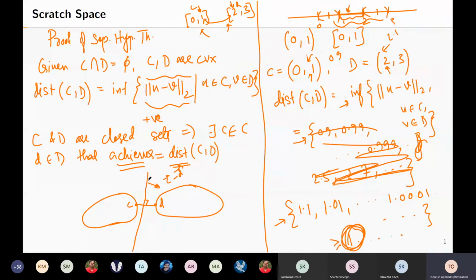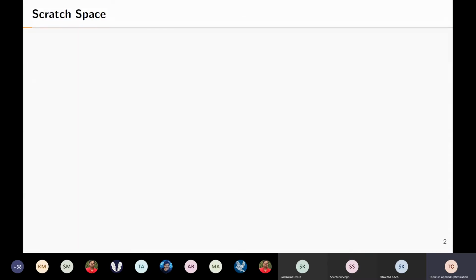So this is the line, and it seems like the plane that I'm going to get will be the plane with this normal. Okay, so you keep this in mind, and this is what we are going to use now to prove our claim. So let us go to the next page. So with this intuition we define the normal to be D minus C or C minus D, it doesn't matter.